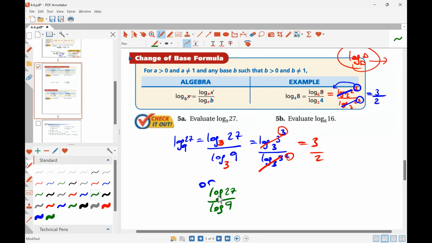I have this button in the calculator. Everyone has this button in the calculator. Without the base, you can type this. Type log 27 into the calculator. It will give you an answer. Type log 9 into the calculator. It will give you an answer. When you divide them, you will get the same number.